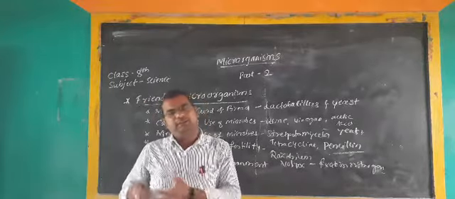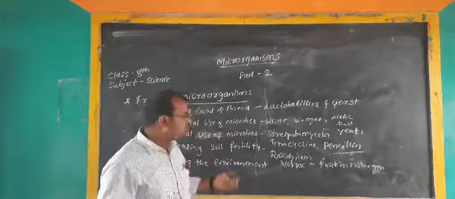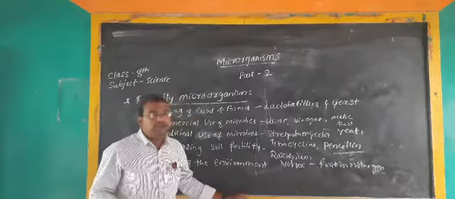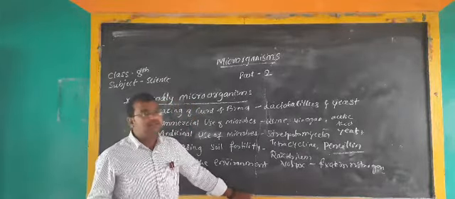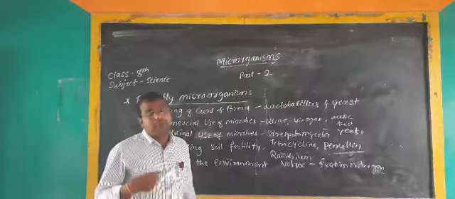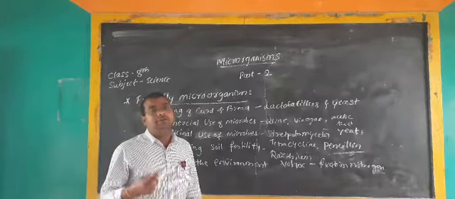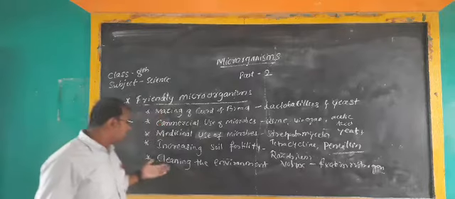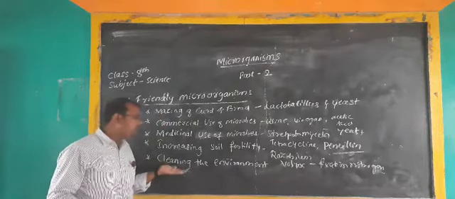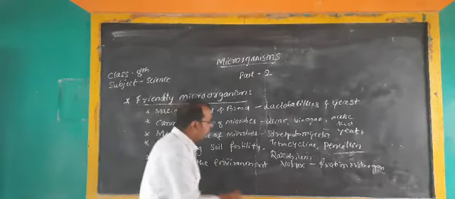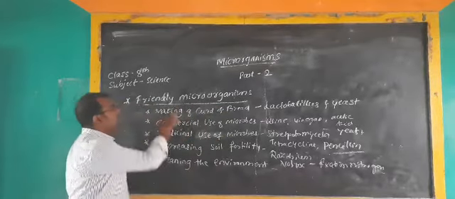In the agriculture field, they use bacteria to enrich the soil fertility and to convert waste into manure. In this way bacteria are also helpful in cleaning the environment. In all these ways the bacteria are helpful to us.